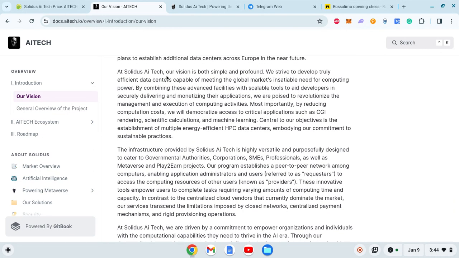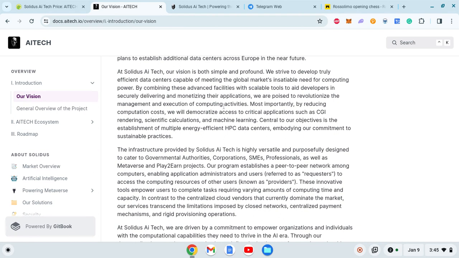At Solidus AI Tech, our vision is both simple and profound. We strive to develop truly efficient data centers capable of meeting the global market's insatiable need for computing power. By combining these advanced facilities with scalable tools to aid developers in securely delivering and monetizing their applications, we are poised to revolutionize the management and execution of computing activities.